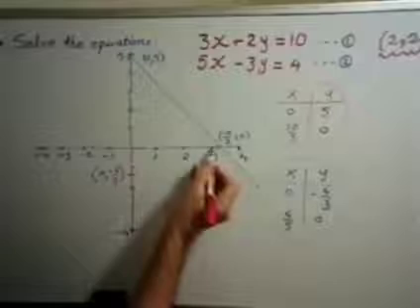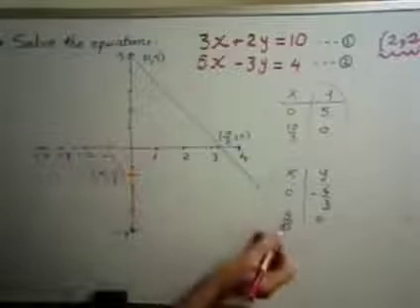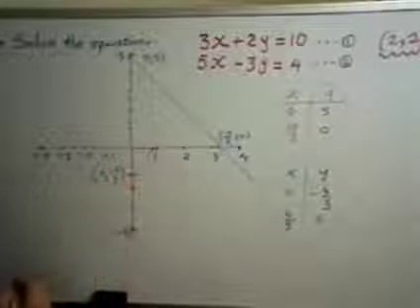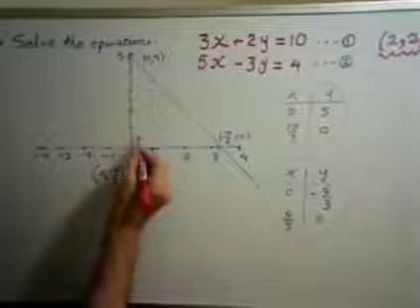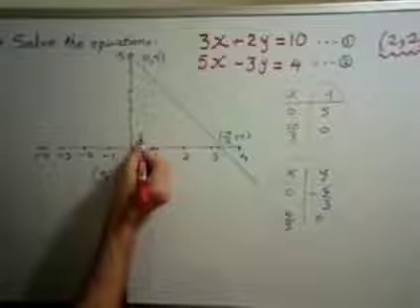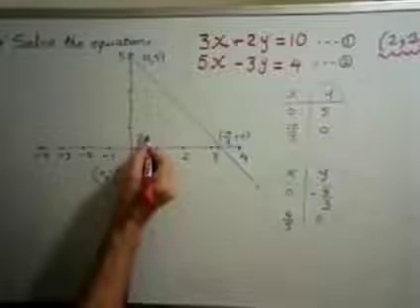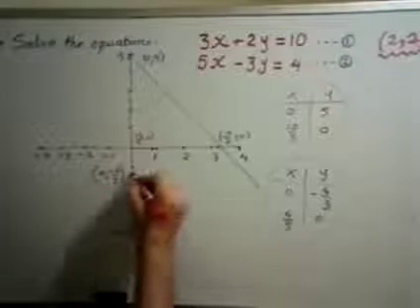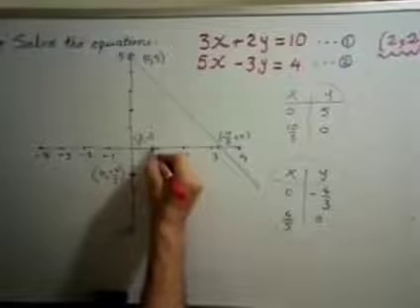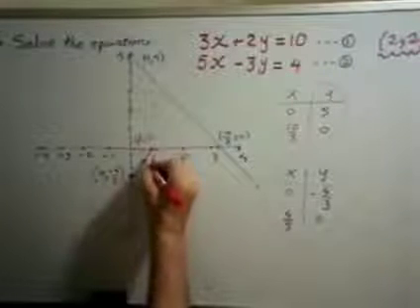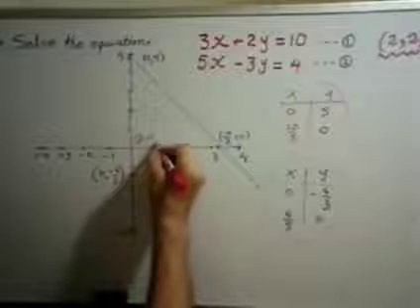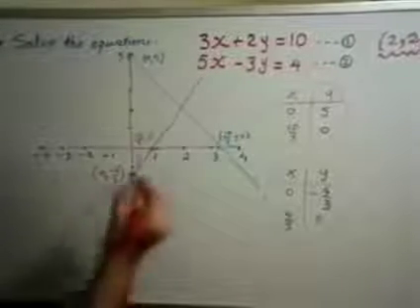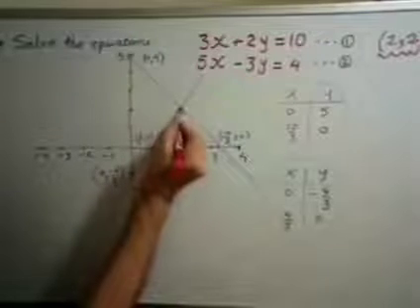Y is 0 at the x-axis. 4 over 5, that means less than 1 here. So this point is 4 over 5 and 0. And we connect these 2 points together. So the line passes through these 2 points. This is this line.